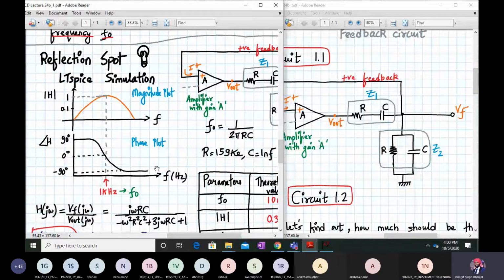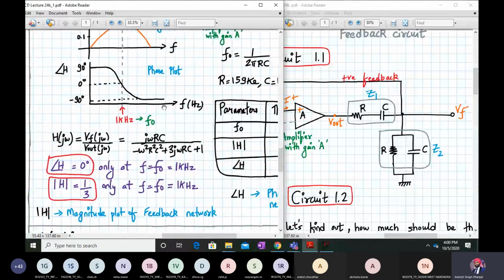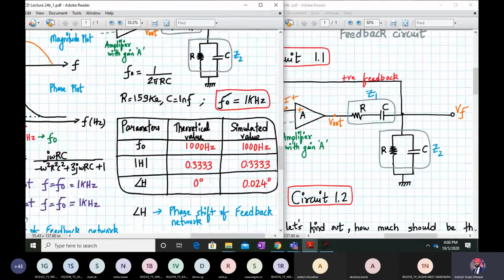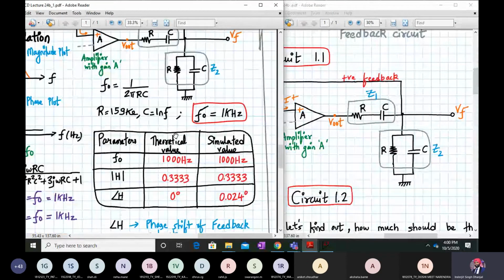I have written this as mod of h and this is angle of h. And at f equal to f0, that is at 1000 hertz, I should get phase exactly as 0 and the magnitude as around 1 by 3. This is the gain of the feedback network, right? So h of j omega is my gain of my feedback network.